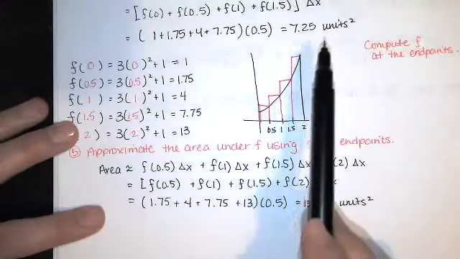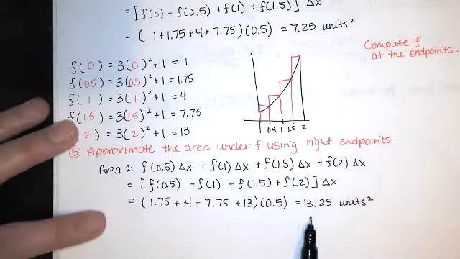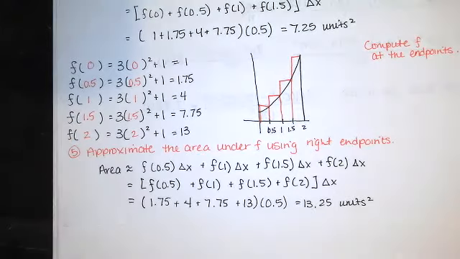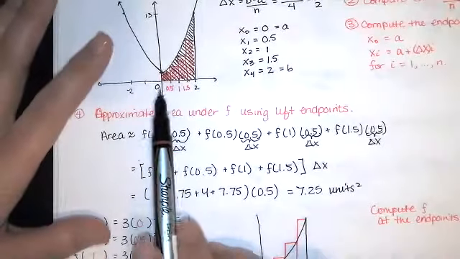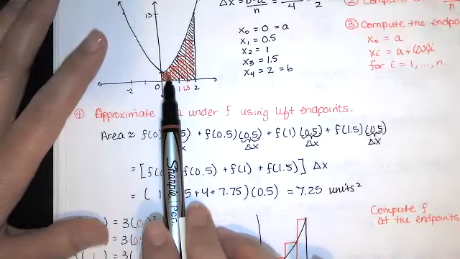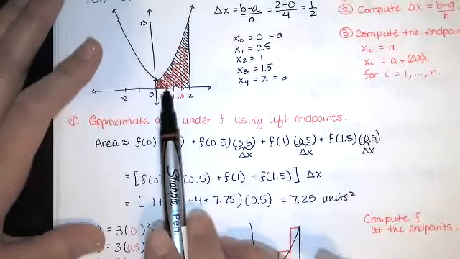So the area is somewhere between 7.25 units squared and 13.25 units squared. And if we want better approximations, we just take more rectangles. But we can see each time we do this, as long as we're using left endpoints, because our function's increasing, we're going to get an underestimate.